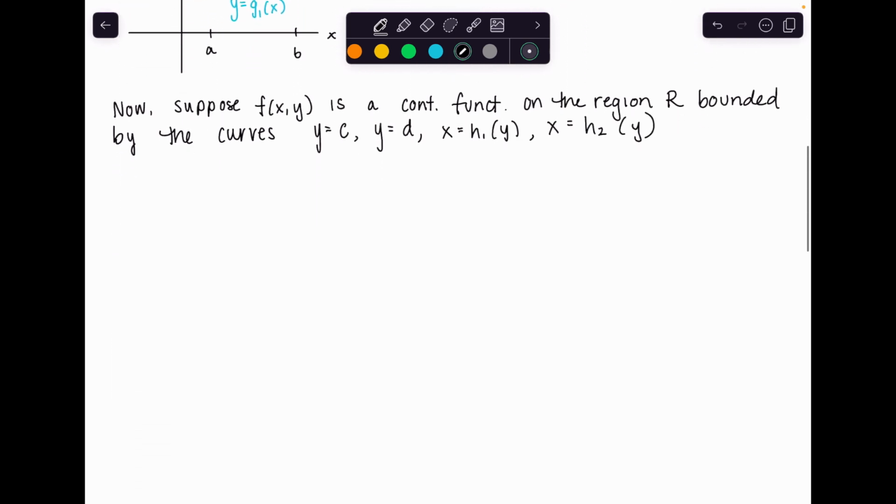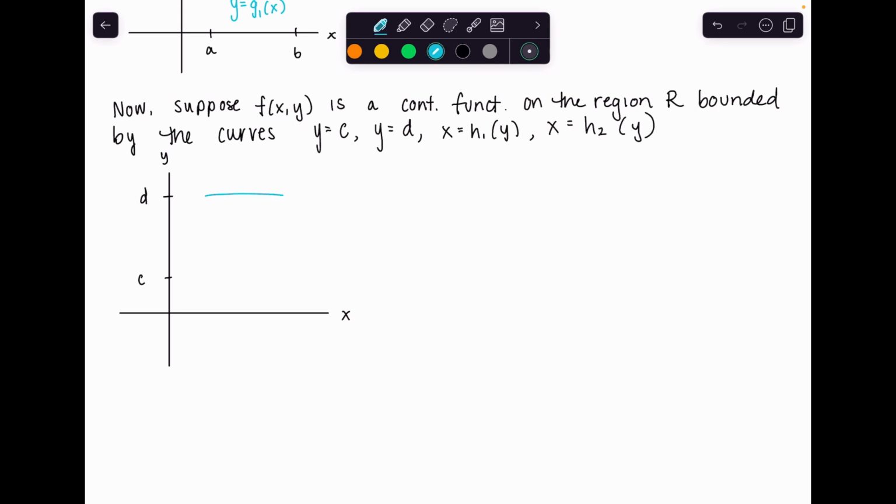So same idea here, because x is bounded by something dealing with y, it's going to make more sense to integrate with respect to x first and then y, because y has the constant bounds c and d.